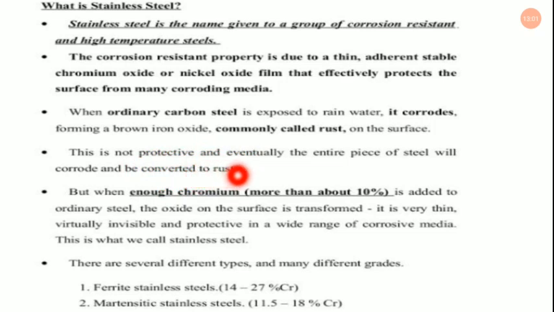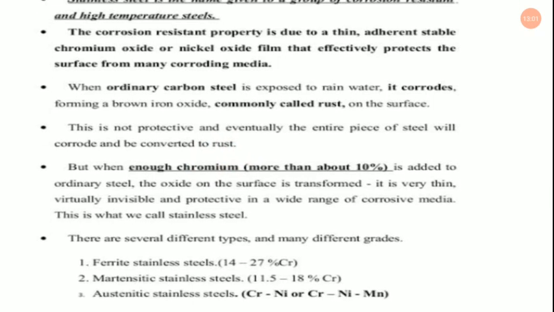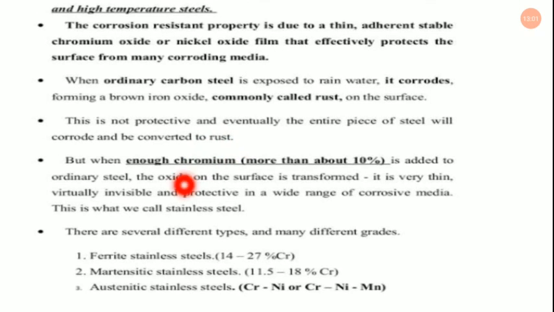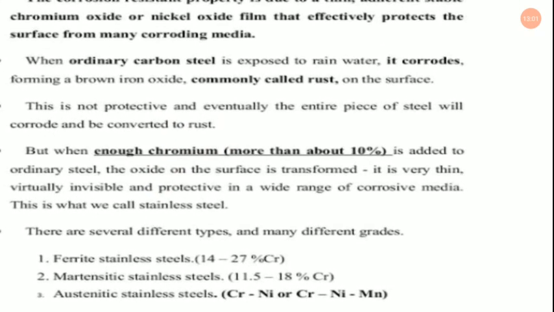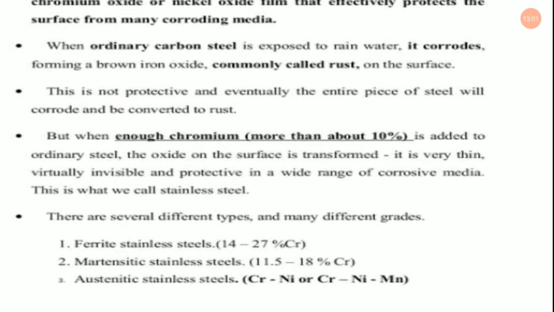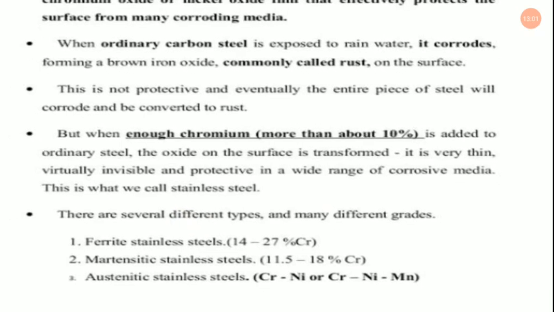This is not protective, and eventually the entire piece of steel will corrode and be converted to rust. But when enough chromium, more than about 10%, is added to ordinary steel, the oxide on the surface is transformed. It is very thin, virtually invisible, and protective in a wide range of corrosive media. This is what we call stainless steel.